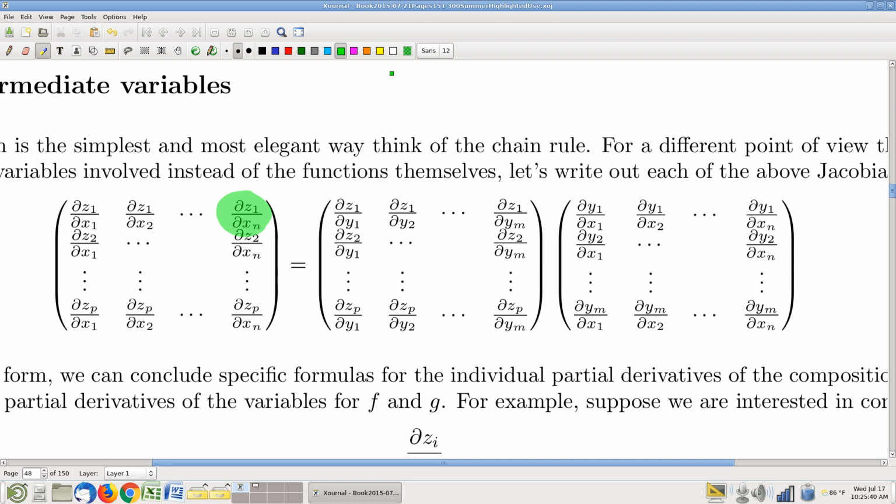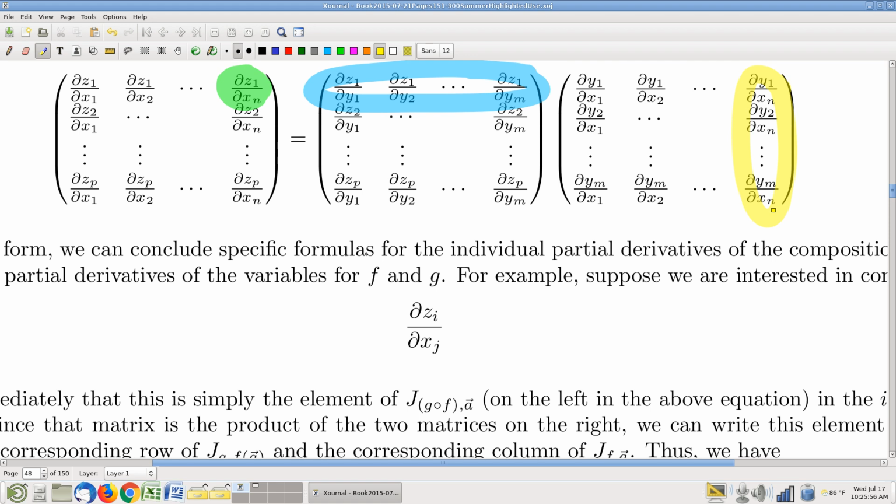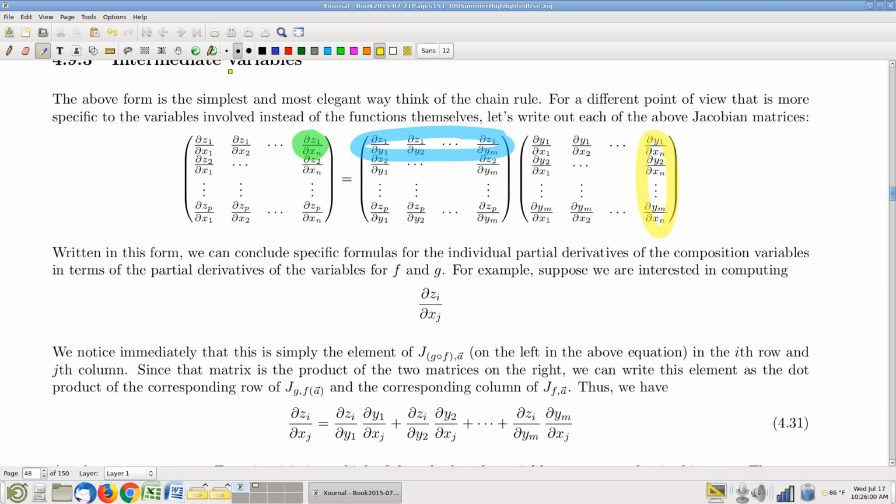So that single partial derivative I can think of as being this row, the corresponding row of the left matrix, dot this column, the corresponding column of the right matrix. And I can write out that dot product explicitly, like so.